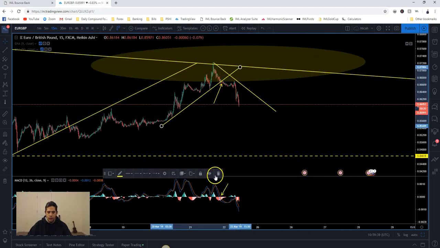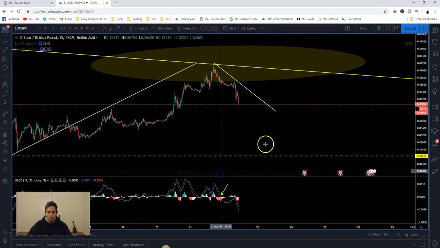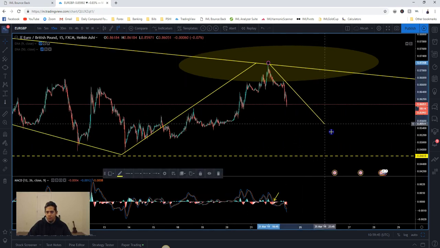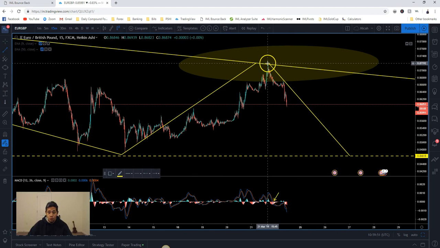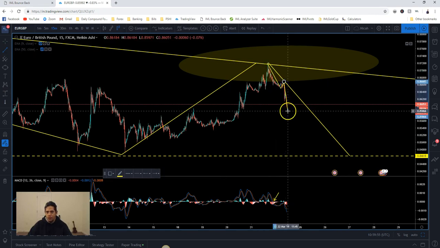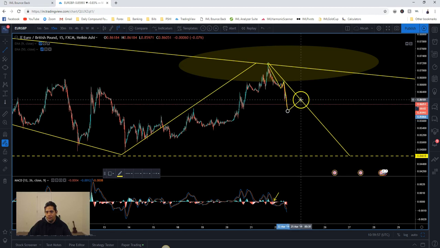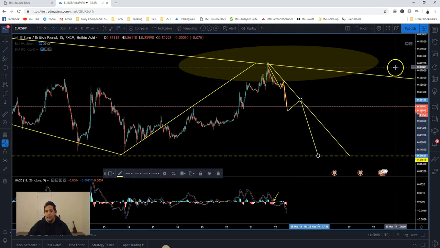Now that it's broken this trend line, it created another trend line. Price may, and I'm not saying it will, but look what it's doing. One touch, drop, touch. And it may just drop to this line right here and then reverse back up.